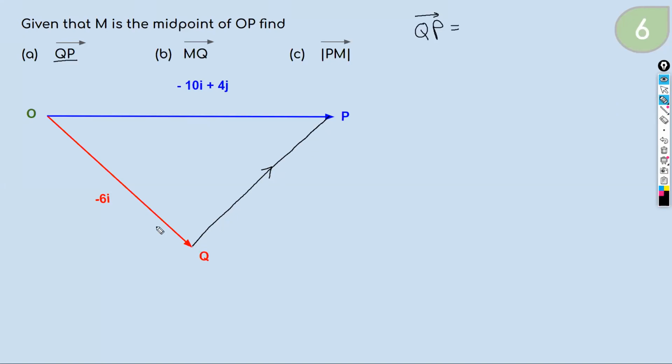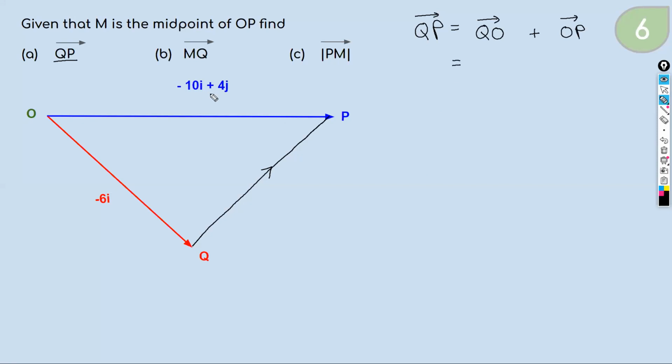We have to go from Q to O and then O to P. So you have to put down once again the plan for the examiner. So you're going to go from Q to O and then O to P. Remember, in vectors, when you are going against the arrow, you have to make all the signs the opposite.